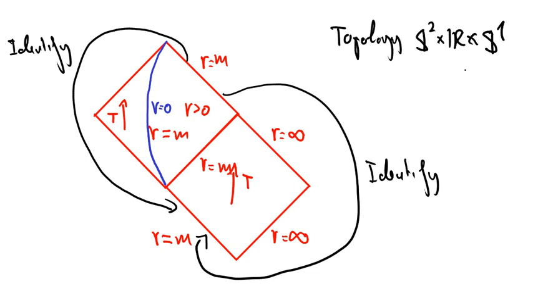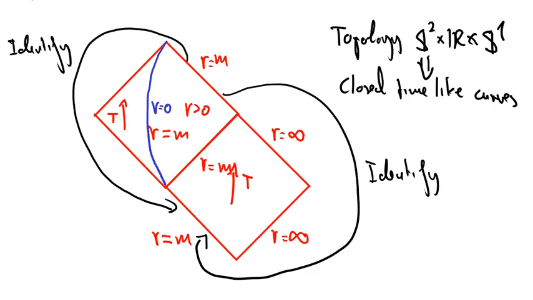Okay, and in this case, again, this is an example of the fact that the metric doesn't determine the global topology, and this spacetime has closed time-like curves. This is the same as what we had in the non-extremal case.